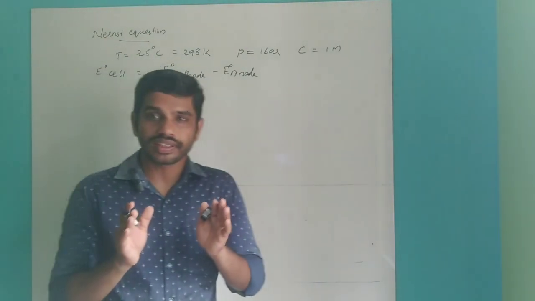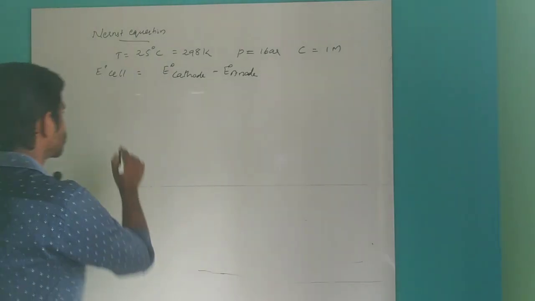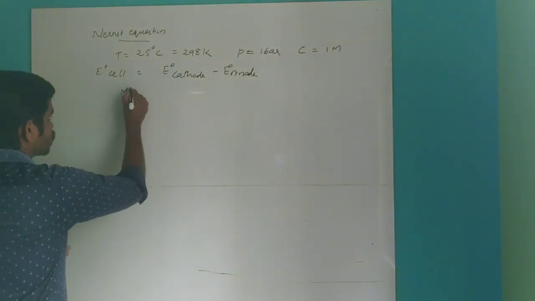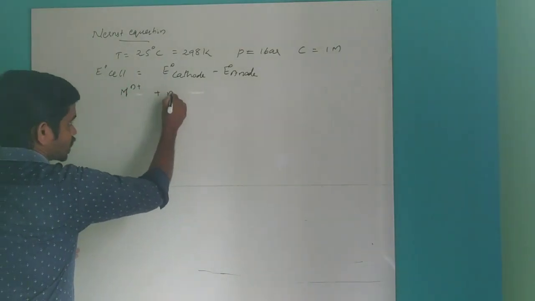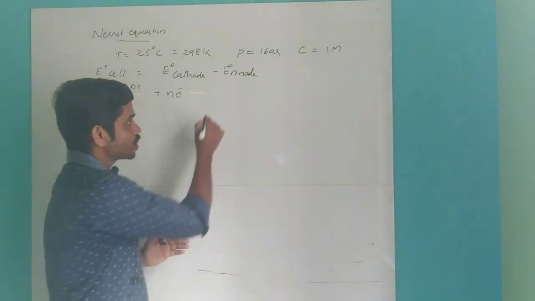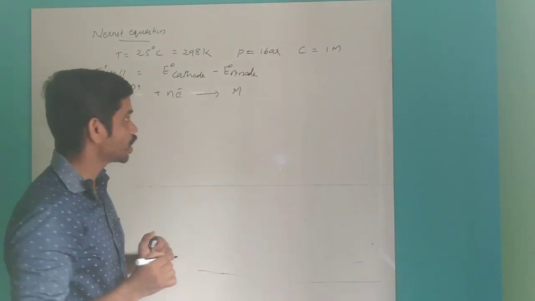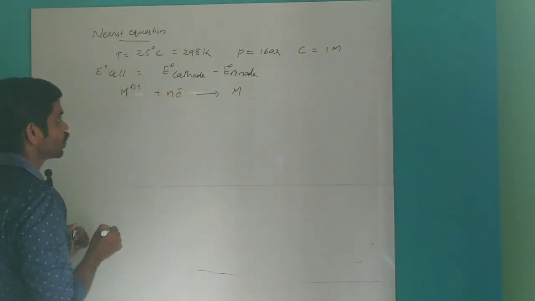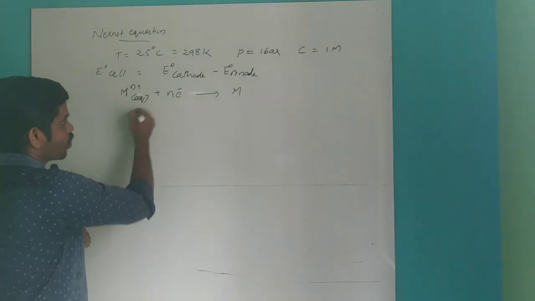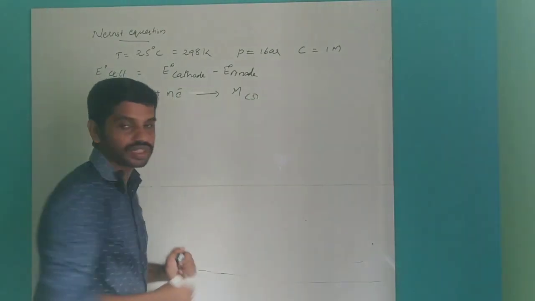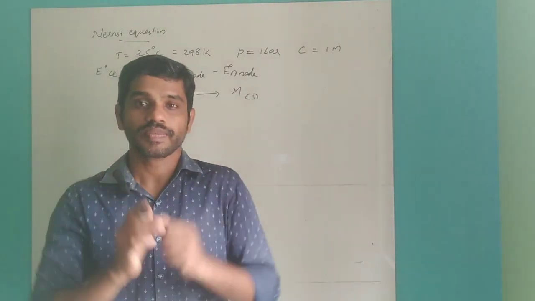So consider a general equation, that is Mn+ accepting n electrons and reduced as metal M. M means metal. This is in the aqueous form, and here it is depositing as metal, a reduction.